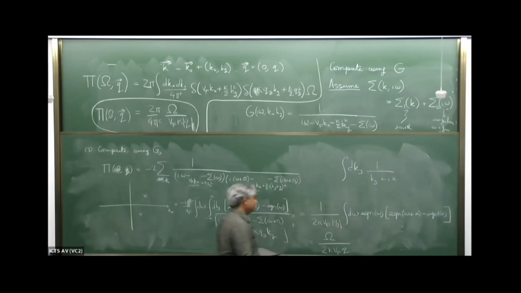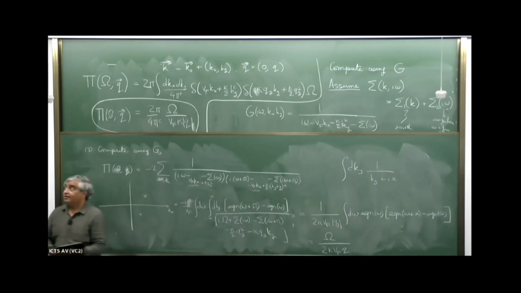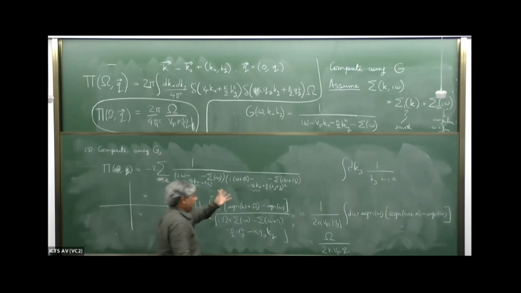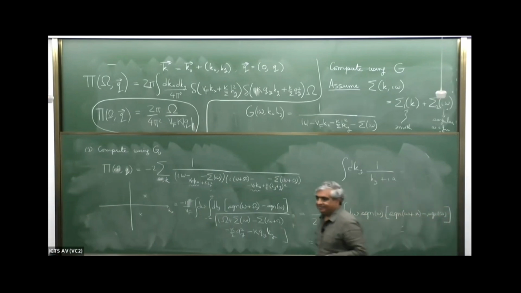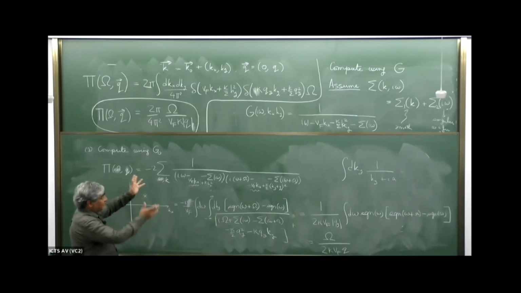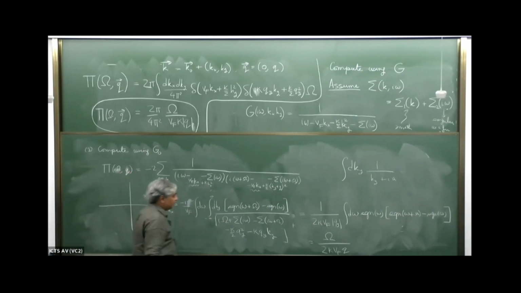I think that's a good point to stop, but that's the remarkable answer: this Landau damping omega over Q factor is independent of any frequency dependent self-energy. Of course, it is dependent on the self-energy in general, but all of that can be absorbed into the definitions of kappa and VF. There's nothing else.